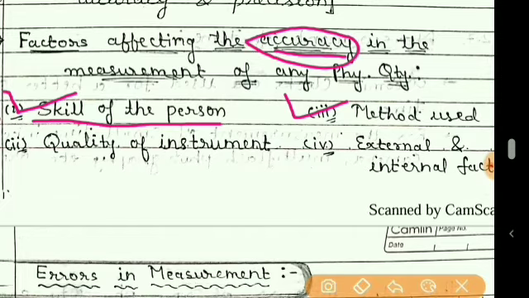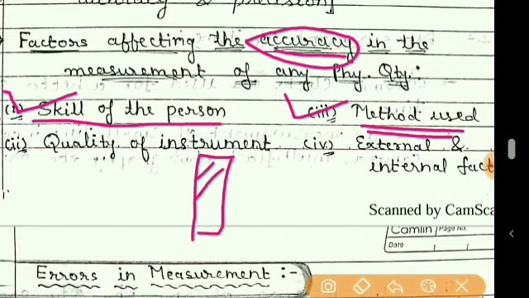For example, if there is a building and a person wants to measure the height of that building, he uses the method of putting a thread or a rope from the top of the building to the ground.